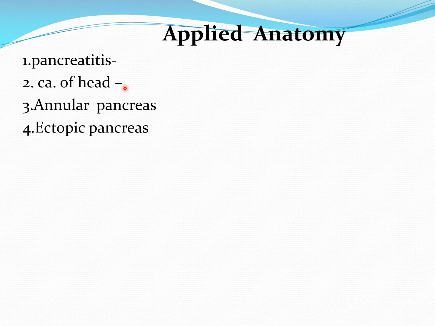Pressure over the posterior bile duct leads to persistent obstructive jaundice. It may press upon the portal vein, causing ascites, or may involve the stomach, causing pyloric obstruction.